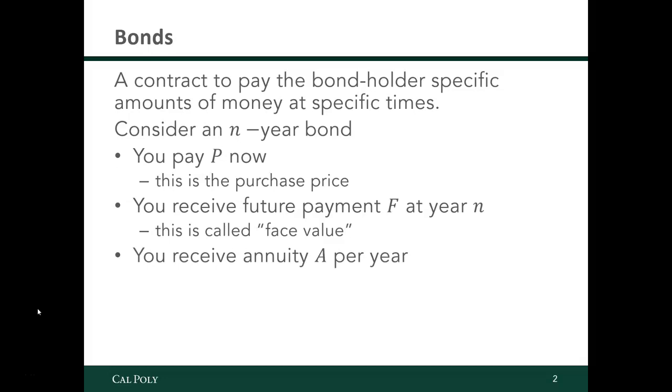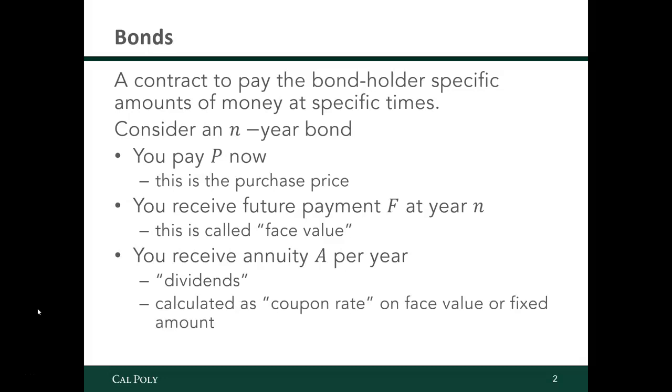You also receive an annuity, A, per year, and we call those dividends. Sometimes they're calculated as a coupon rate on the face value. They can also be a fixed amount.